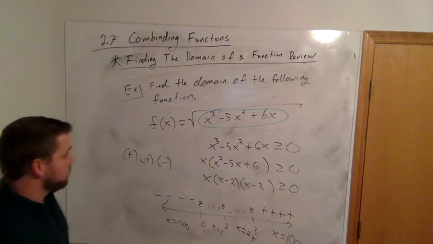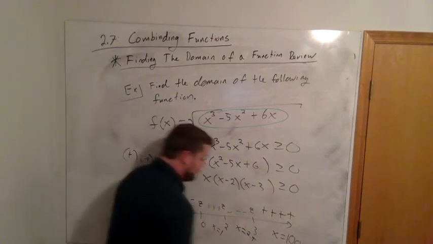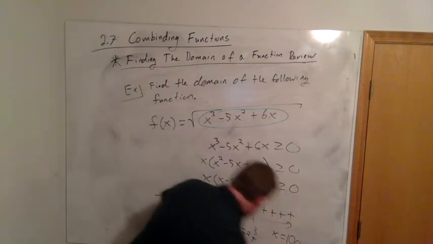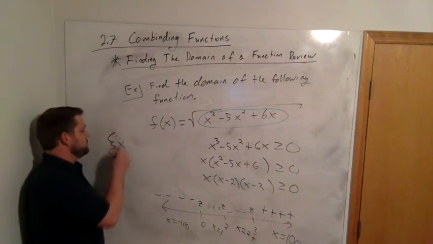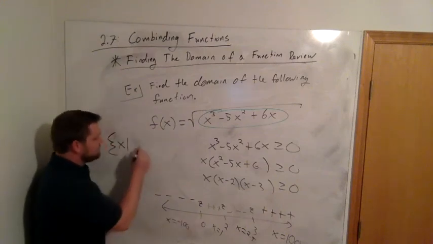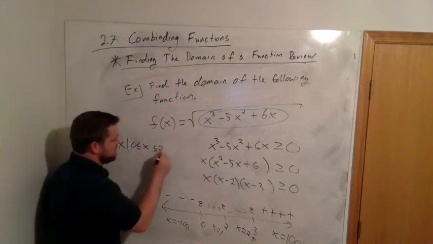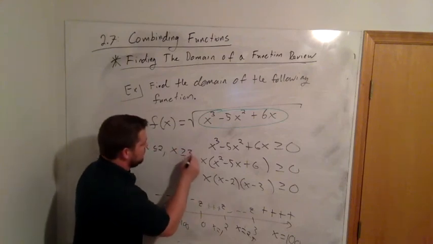So we can see here, when is this function bigger than 0? That's when x is between 0 and 2, or when x is bigger than 3. So we can go ahead and write that down. We need to record those intervals. It looks like x could be between 0 and 2, or x could be bigger than or equal to 3.